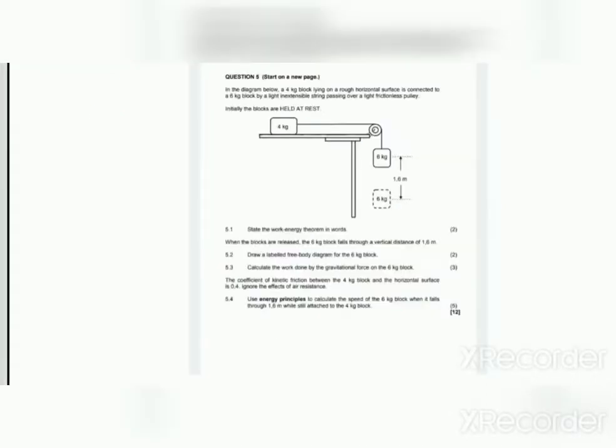Now, looking at the last part of this question, the coefficient of kinetic friction between the 4 kilogram block and the horizontal surface is 0.4. Ignore the effects of air resistance. And 5.4, we want to use energy principles to calculate the speed of the 6 kilogram block when it falls through 1.6 meters while still attached to the 4 kilogram block.